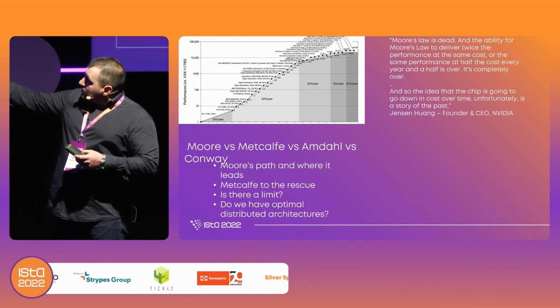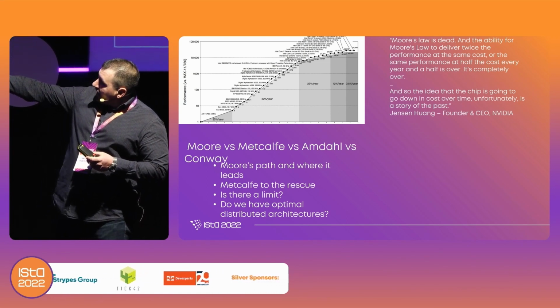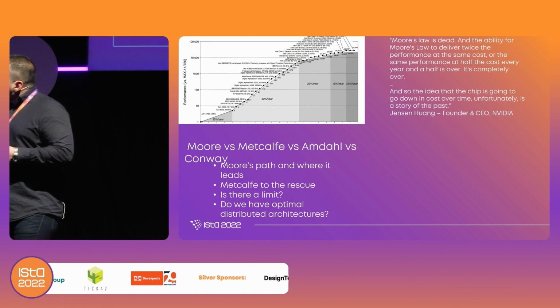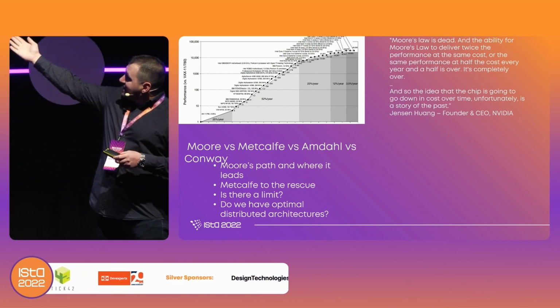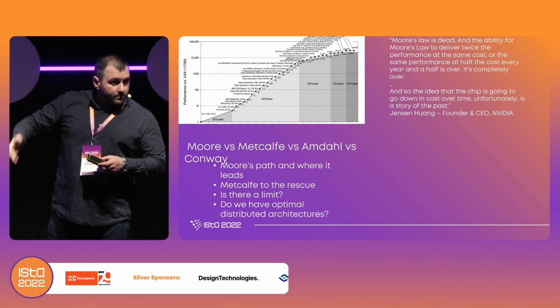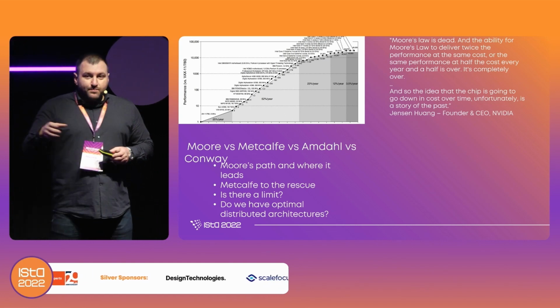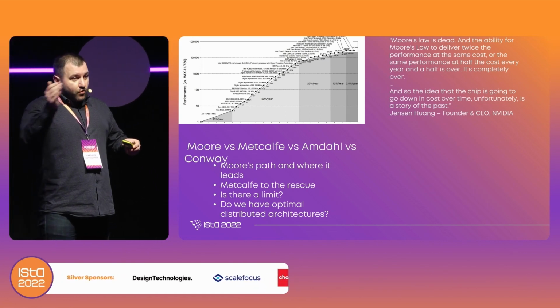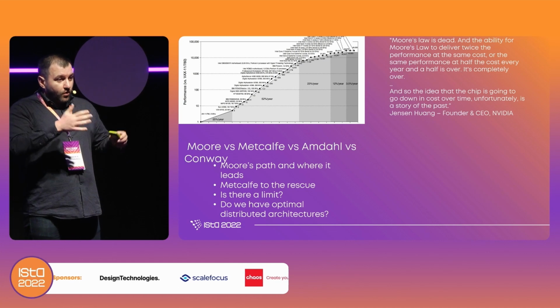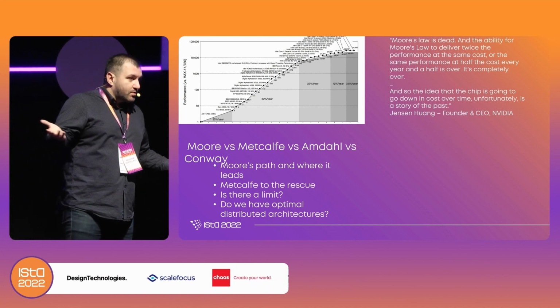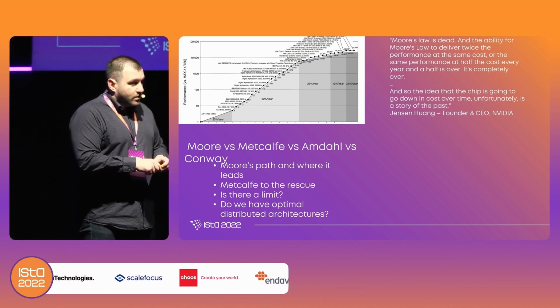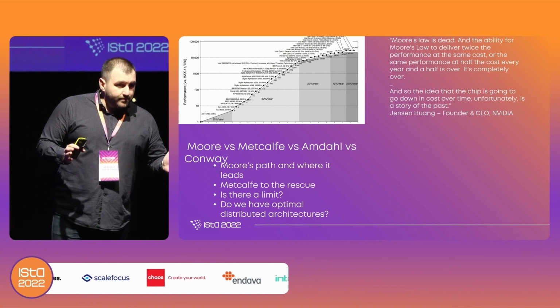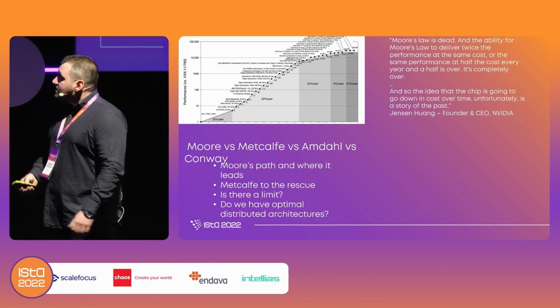And don't take it from me, by the way, the founder and CEO of NVIDIA, Jensen Huang, basically said Moore's law is dead 2 weeks ago, actually. You cannot expect the same performance for half the price in 18 months, or for the same price, twice the performance. That's not happening anymore, at least not with silicon. There are carbon-based technologies and so on.